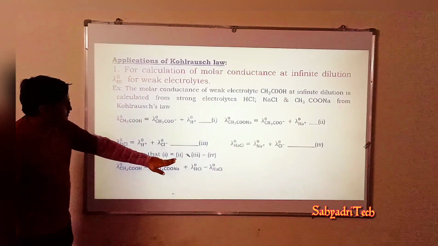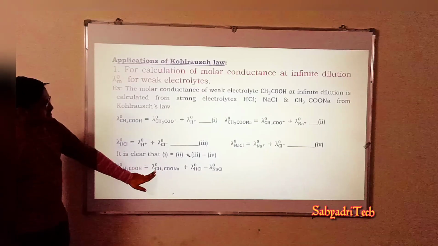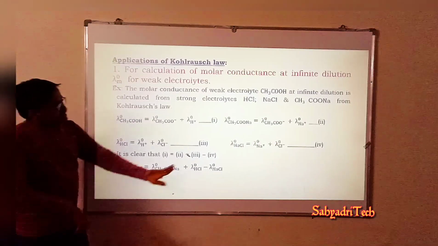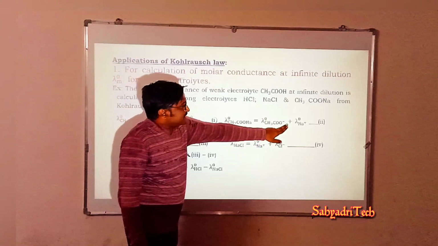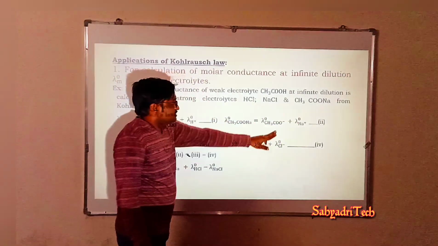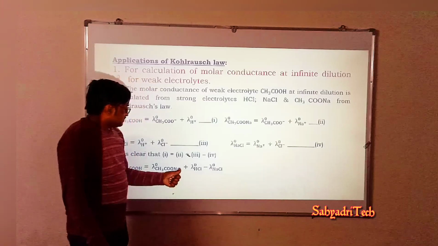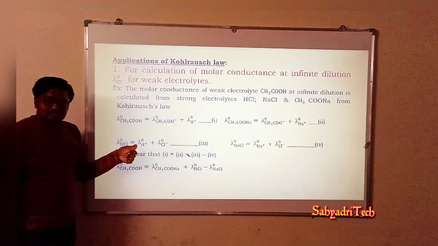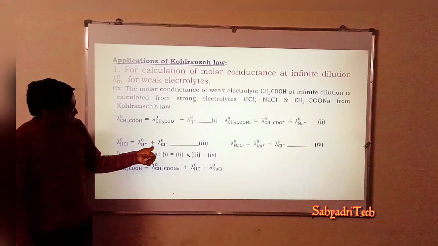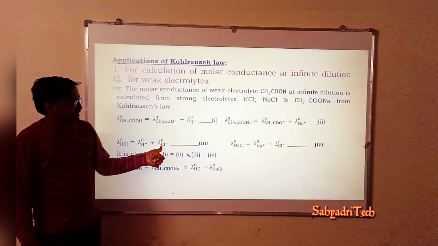Well, what is equation 2? Sodium acetate, that is lambda naught of CH3COO minus plus lambda naught of Na plus, plus lambda naught of HCl. Lambda naught of HCl means lambda naught of H plus plus lambda naught of Cl minus.